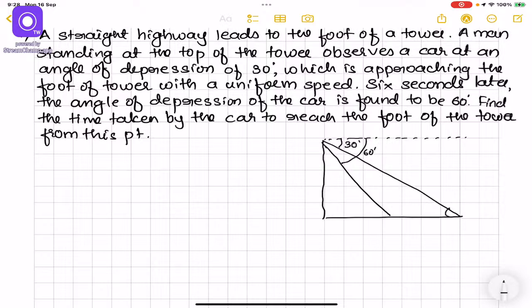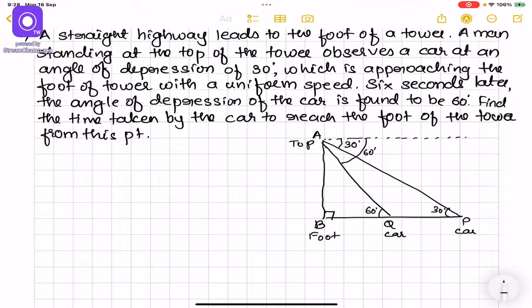Alternate interior angles are equal between parallel lines, so I have taken A, this is B. Think of it as 90 degree at the top. This is my foot. This is one car Q, one car P. Here I am mentioning what it is so that you can understand.